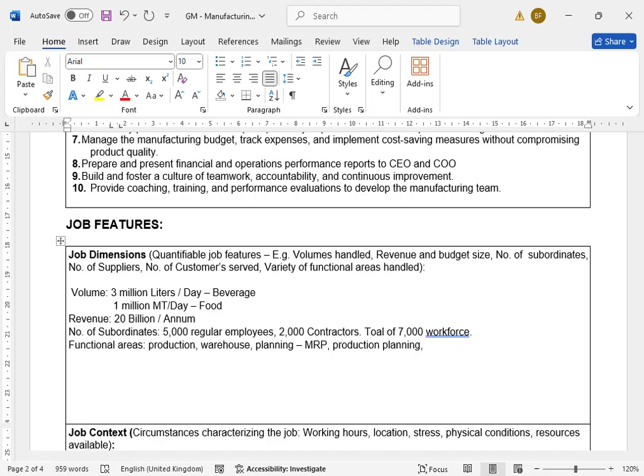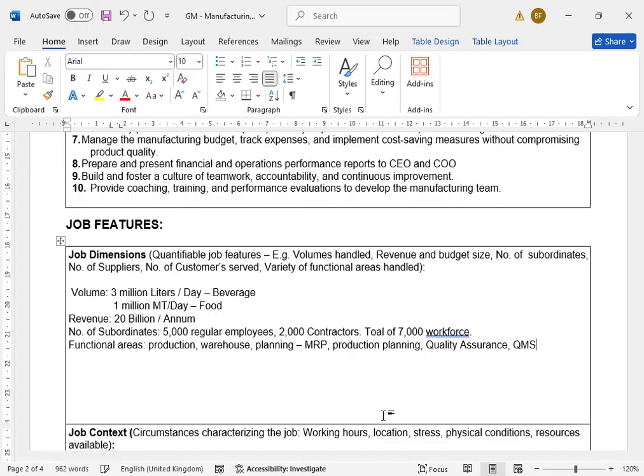The score or the size in terms of technical know-how will always go up. Production planning or maybe quality assurance. Quality assurance is also under him. These are the functions he is handling.